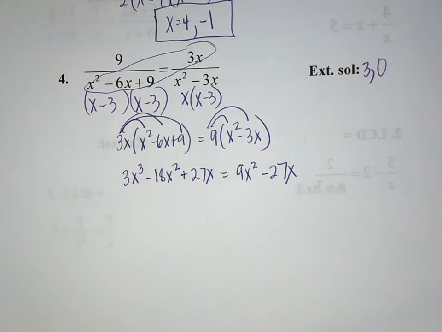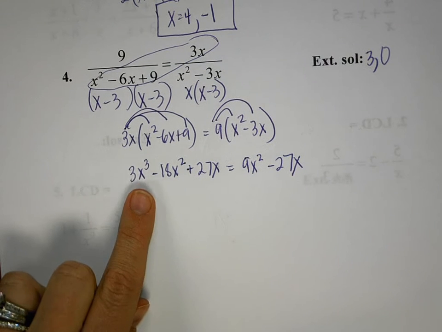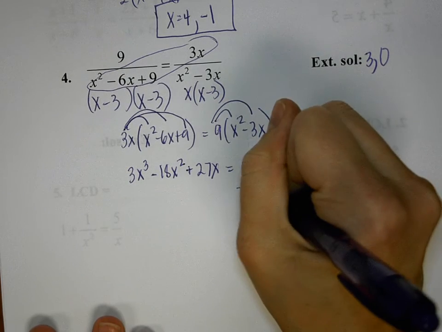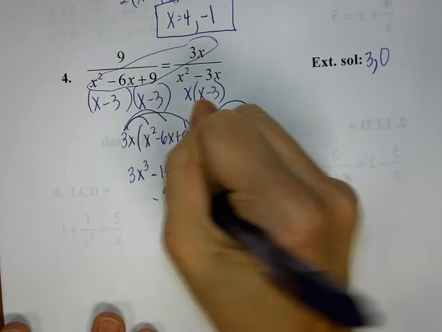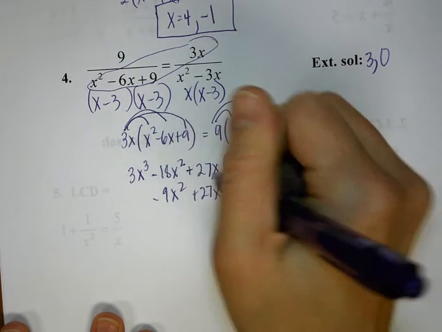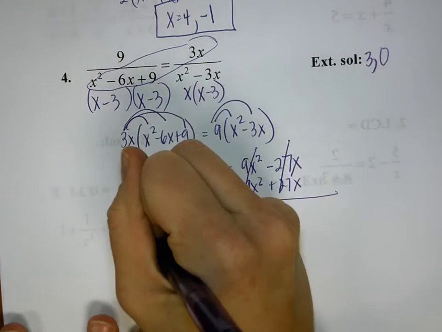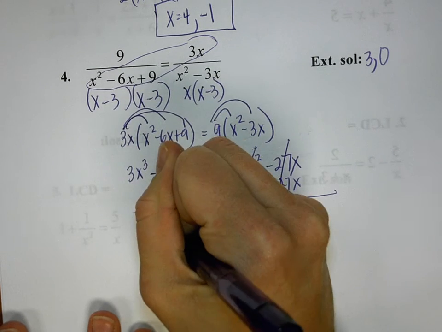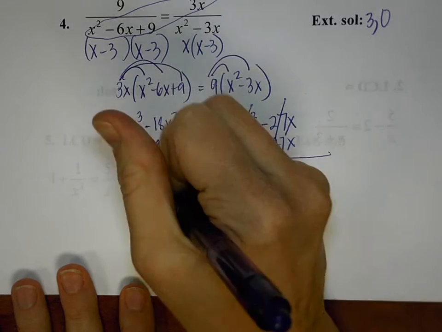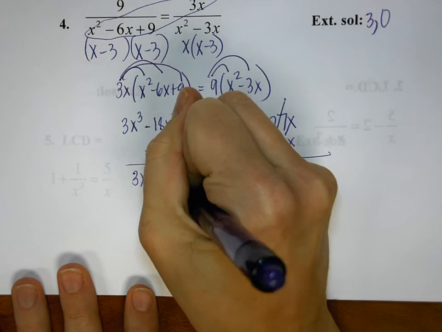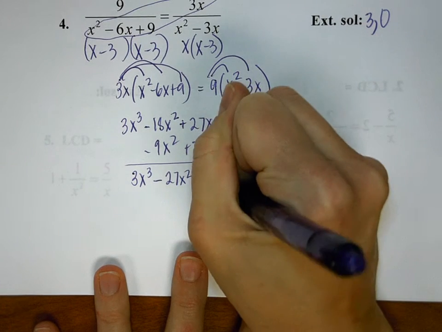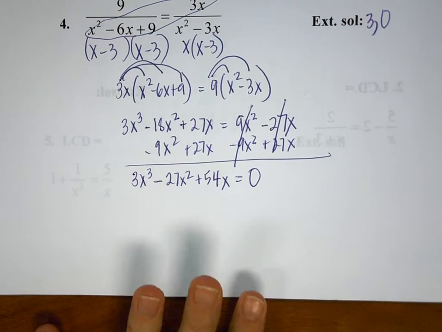So this is my highest exponent, x cubed, so I'm going to move this stuff to the left. So I'm going to subtract 9x squared, and I'm going to add 27x. So those cancel, and we have 3x cubed minus negative 18 and negative 9 make negative 27x squared, and then 27 and 27 make a 54x, and this is now set equal to 0.